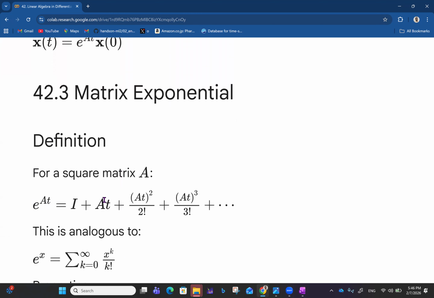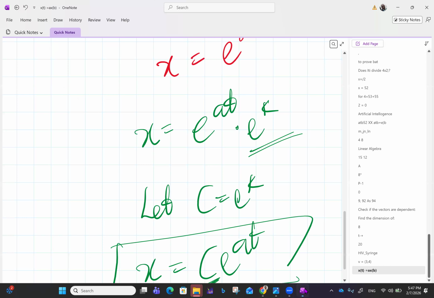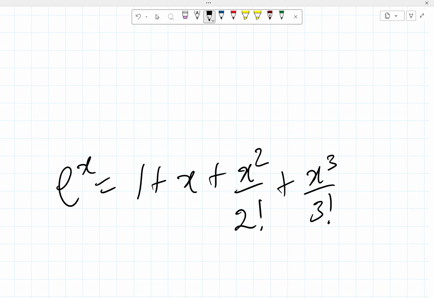So for a square matrix A, we can say e raised to the power At is equal to I plus At plus (At) squared over 2 factorial plus (At) cubed over 3 factorial plus all that. Now, this looks familiar if you remember the idea of exponential equations, right? Imagine if you have e raised to the power x. e raised to the power x is simply the same thing as 1 plus x plus x squared over 2 factorial plus x cubed over 3 factorial plus all that.